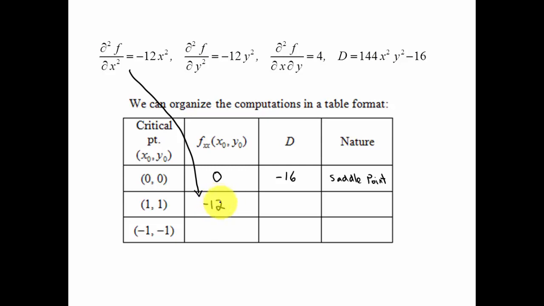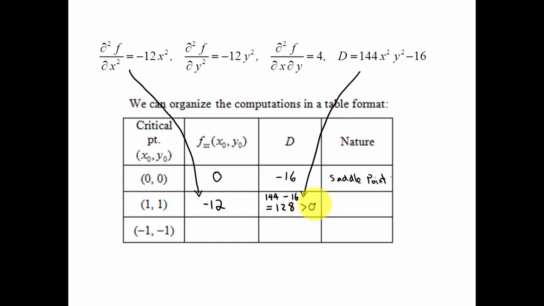And d is equal to 144 times x squared times y squared minus 16, where x is equal to 1, y is equal to 1. This gives us 144 minus 16, which is equal to 128. And this is positive.